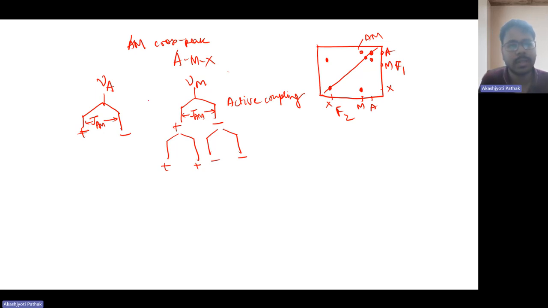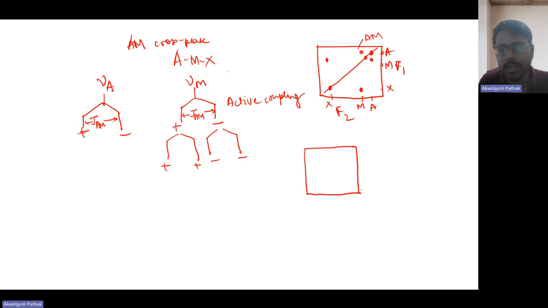Now if you want to determine what fine structure you will observe in the AM cross peak, what will you do? We were considering this cross peak.